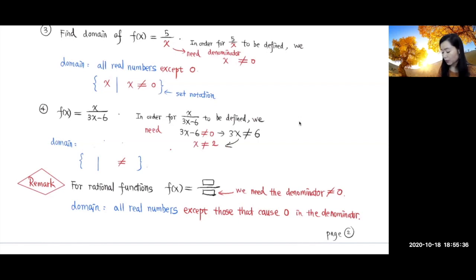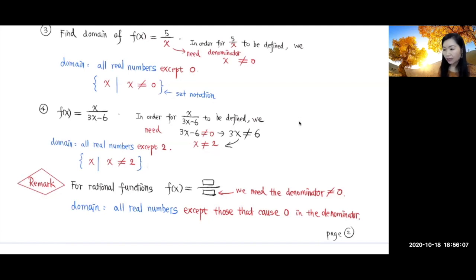And then divide both sides by 3, you get x does not equal 2. So the domain for this function will be all real numbers except 2. If you put it in set notation, then you have all real numbers x such that x does not equal 2.